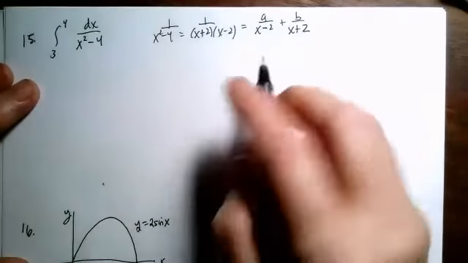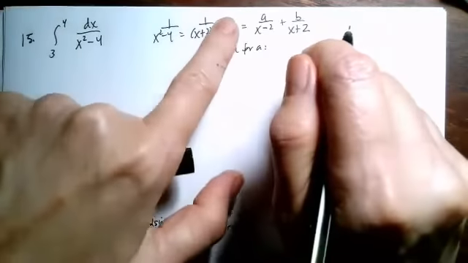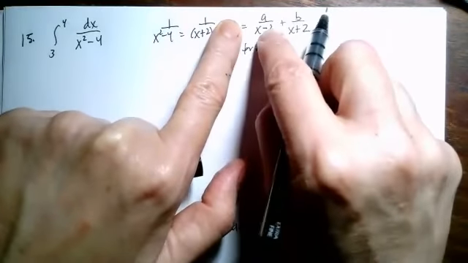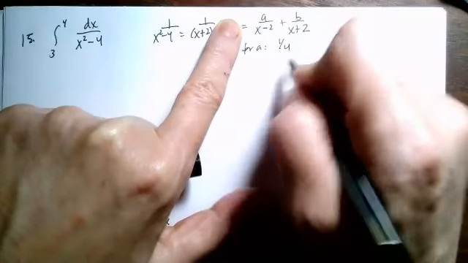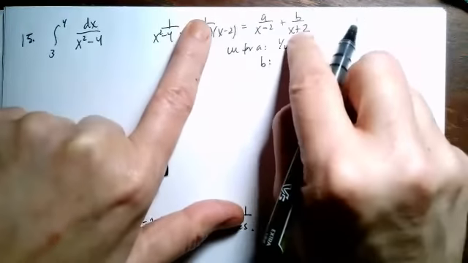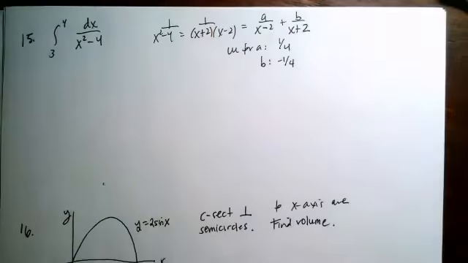We can do cover up for both of these. We're going to cover up A's denominator and plug in the value of x that makes it 0. So A will be 1/4. For B, we're going to plug in -2, and we'll have -1/4.